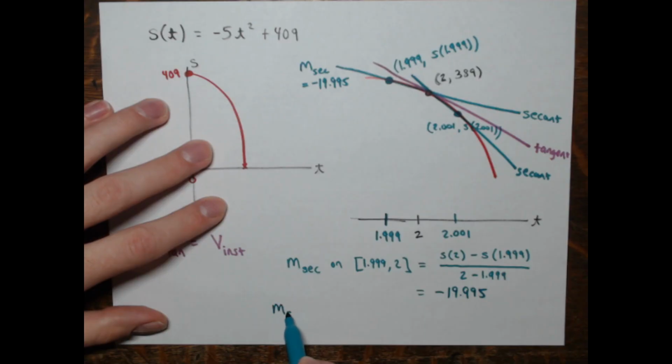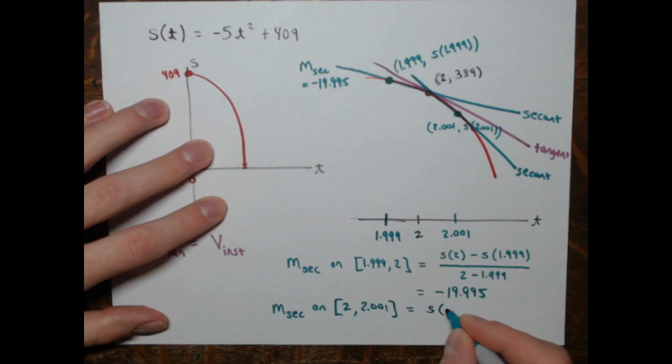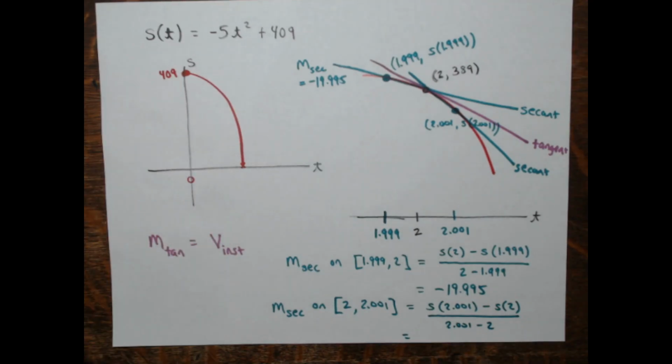All right, they also asked us to use the slope of the secant line from time 2 seconds to 2.001 seconds. So again, this is going to be the change in output. So what's the height at 2.001 seconds minus the height at 2 seconds, and then I divide by the change in time, 2.001 seconds minus 2 seconds, and again I'll have the calculator do this for me.